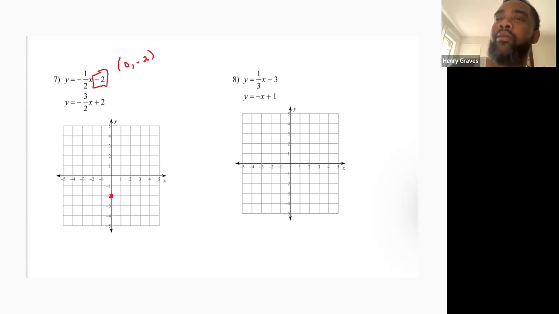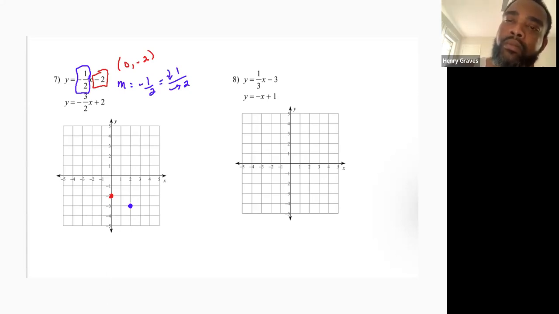And I'm going to go down 1 and right 2. Go down 1 and right 2. So that's my second dot. And I'll just connect them. That's the one that is y equals negative 1/2 x minus 2.